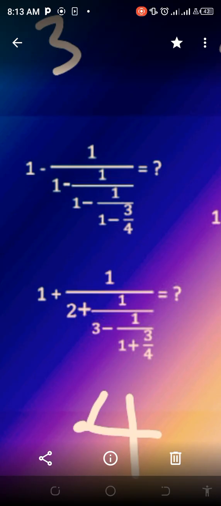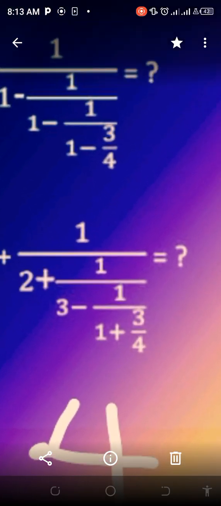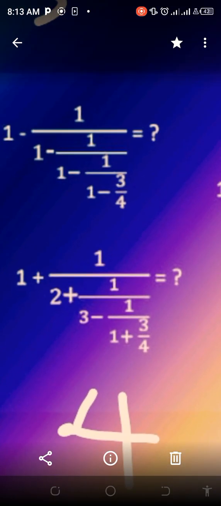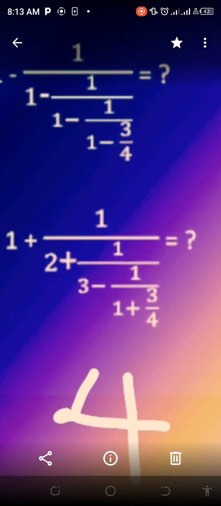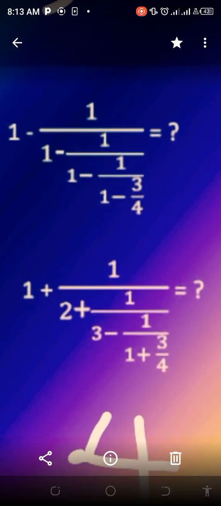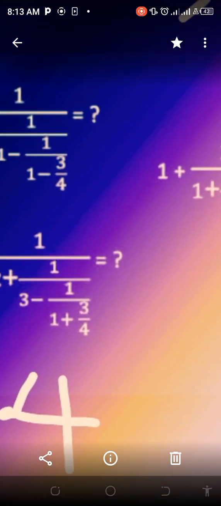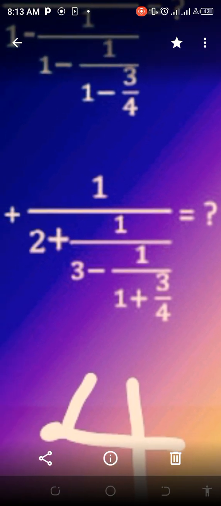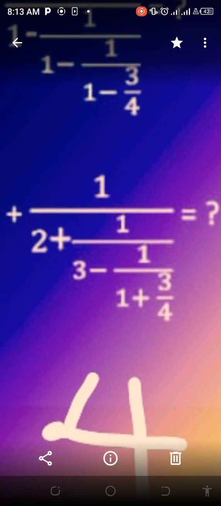Then another structure is example 4, or structure 4, or question 4, where the whole numbers are not all 1. From the bottom of this example 4, the first ladder is 1.